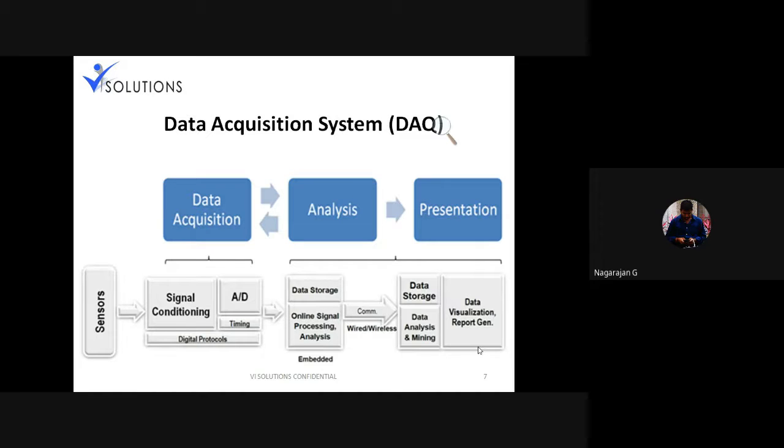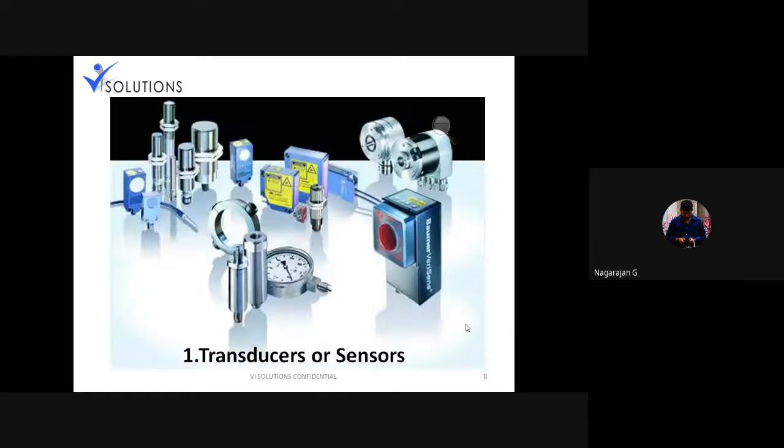We should use an analog to digital converter, and leave aside embedded, because we are not going to see any embedded-based hardware now. Directly through wired or wireless communication we take the data to a system. Once you collect the data from the sensor through the hardware to a system, you can store the data, analyze the data, do data visualization and report generation. All those things can be done here. So this is the overview of a data acquisition system.